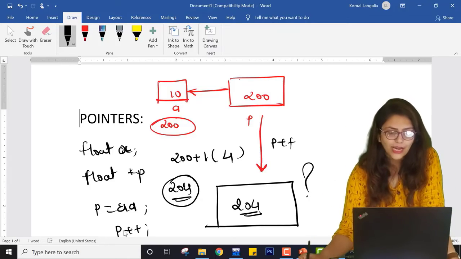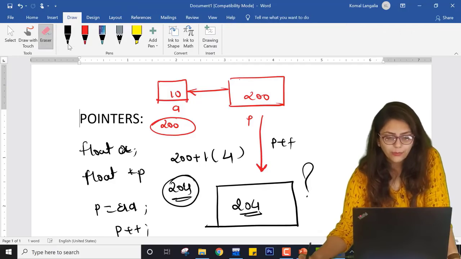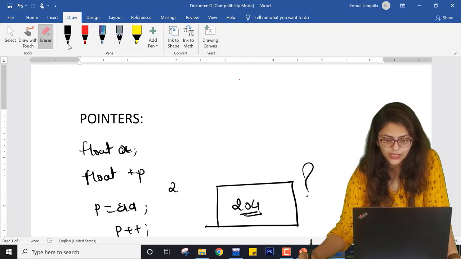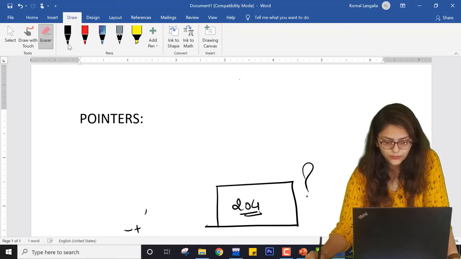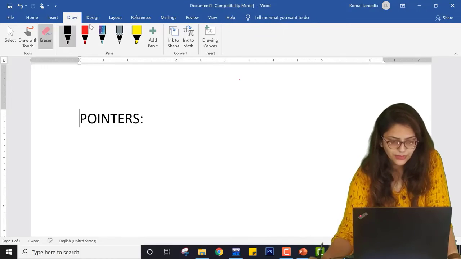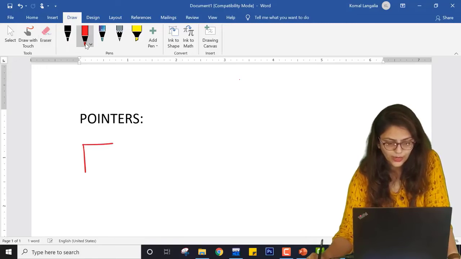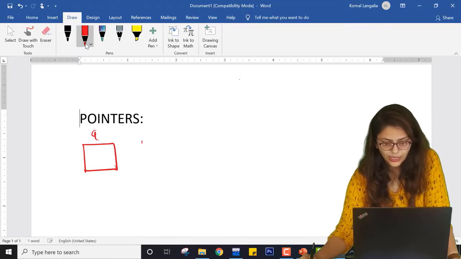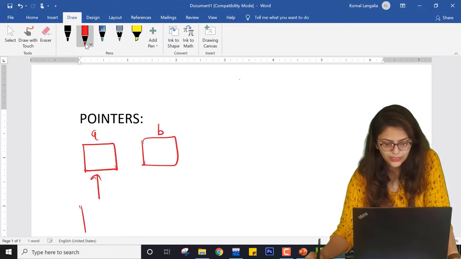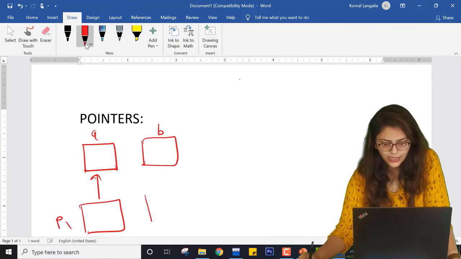One more thing I would like to talk about on my whiteboard is pointer expressions, the thing I have told you, that these expressions are valid, these expressions are invalid, and why, right? Suppose I have two values a and b, and p1 is pointing to a and p2 is pointing to b.